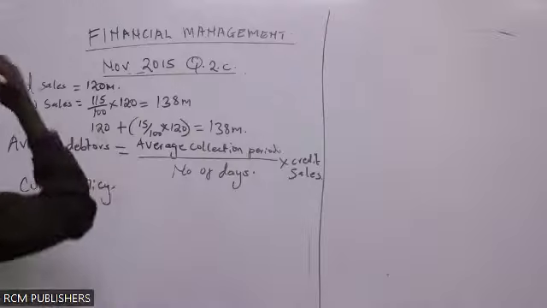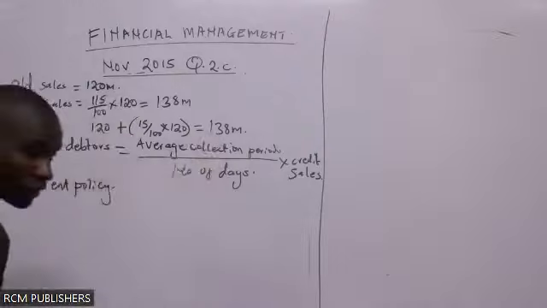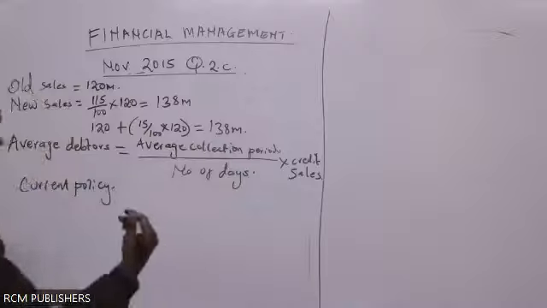What was the average correction period? 45. So we have been given.